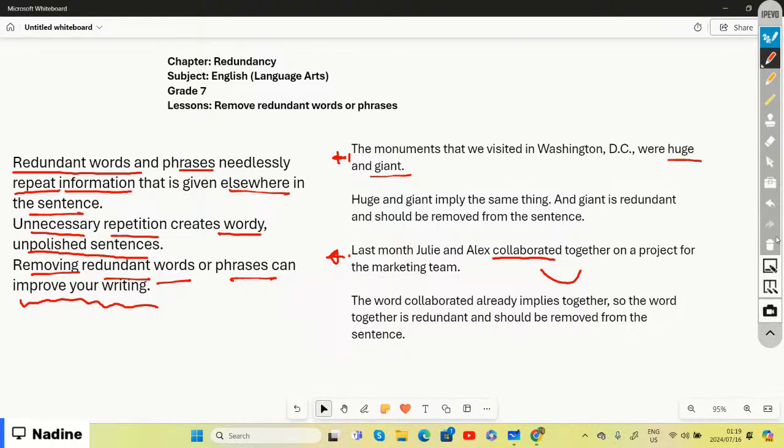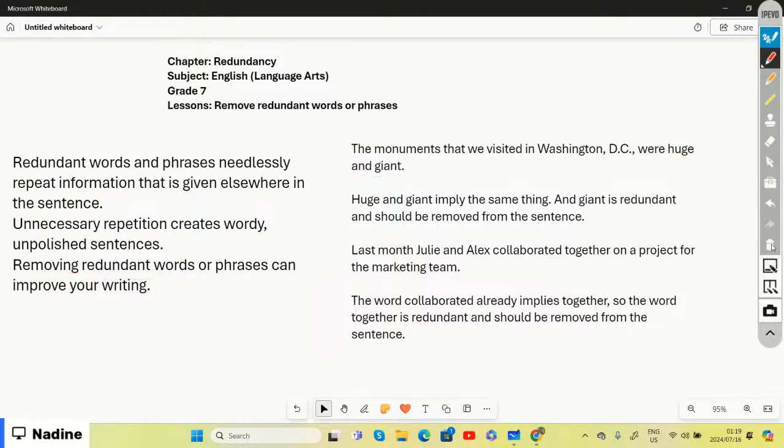All right, so now we're going to A plus students.ca where we are going to remove redundant words and phrases.